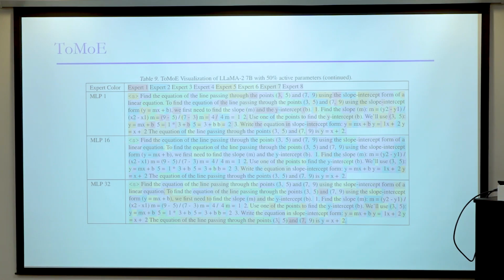For example, there are words regarding equation, line passing, and some similar words, and also many numbers are loaded to the second expert. So the semantic meaning of the resulting MoE model from our method is still a problem that we need to study further.